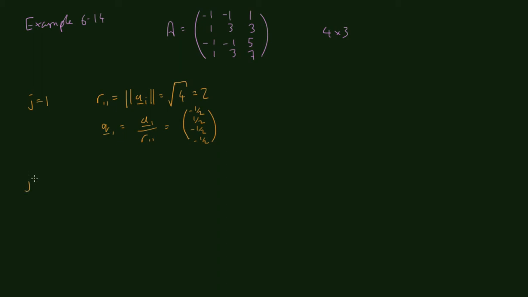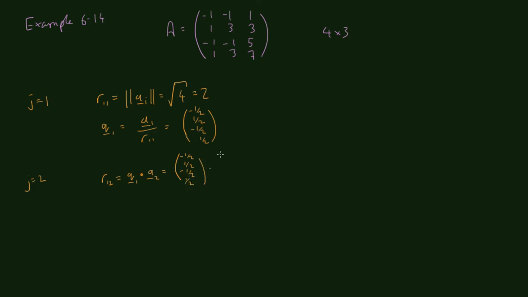So that's our first column of Q, and that's our first element, row 1, column 1 of R. Now, if we move to j equals 2, R12 is Q1 dot product with A2. We just calculated Q1, so that's minus a half, and have I got too many minuses there? Yes, there was an erroneous minus, so that should be a half.